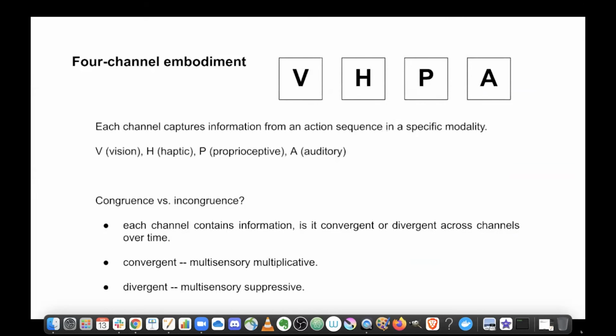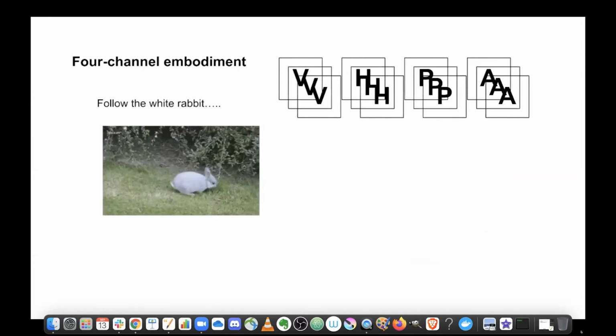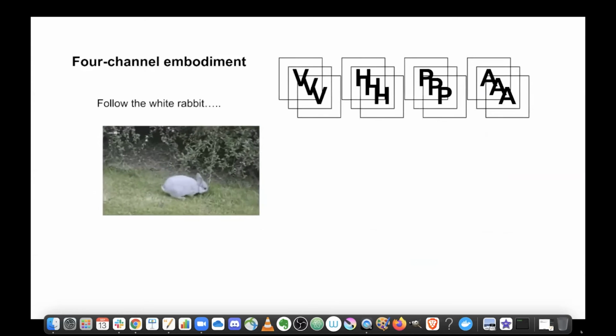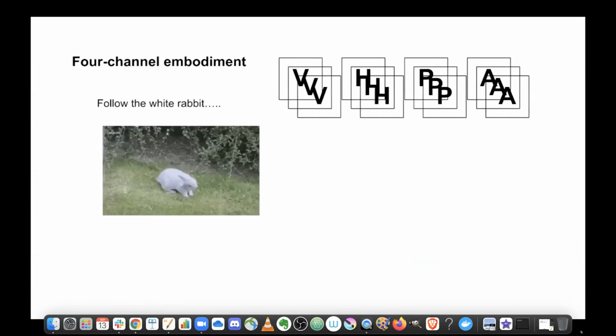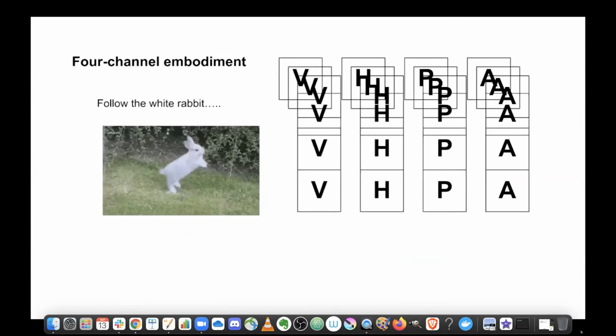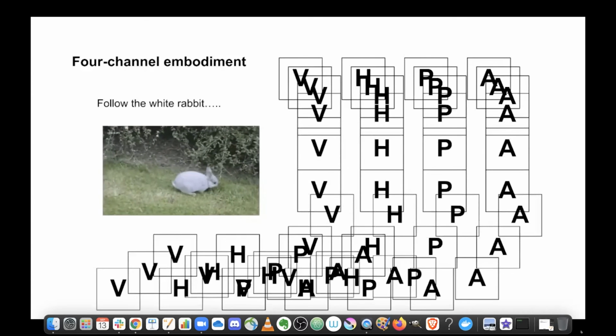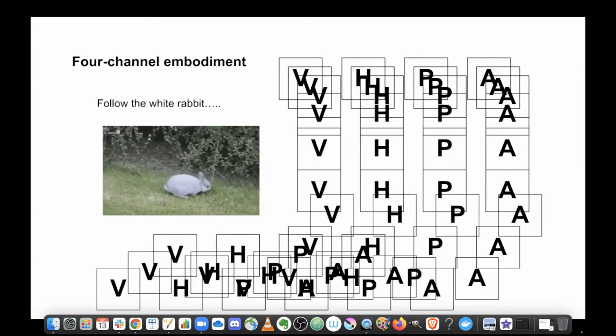And if they're coherent, then there's more Gibsonian information. We'll show what coherence is with this example of a rabbit hopping and observing this rabbit. So follow the white rabbit. You're doing this in different sensory modalities, and you're keeping tabs on each sensory modality to see where the information is coming from. And you can see that they can interact or they can be disjoint.